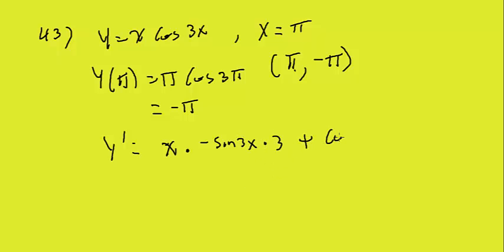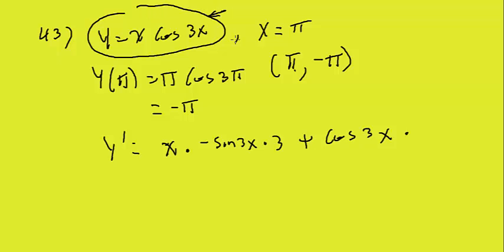Plus the second, which is cosine 3x times the derivative of the first. Okay, this is the slope of this curve, means the steepness of this curve. Guess what? If this is a position of a rocket, this is the velocity of the rocket at any given time. That's why it links to physics.